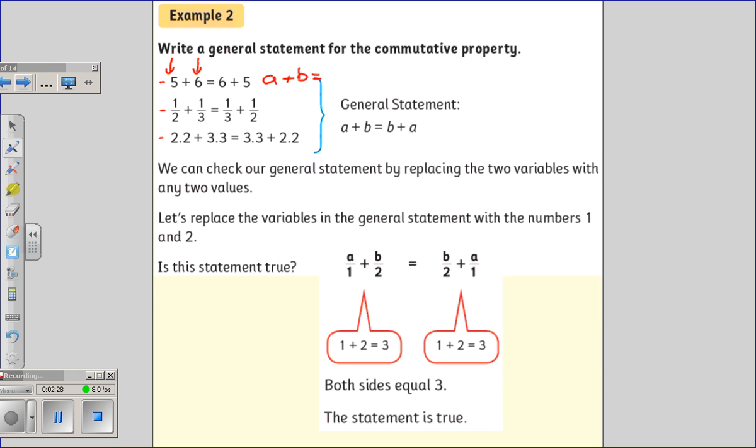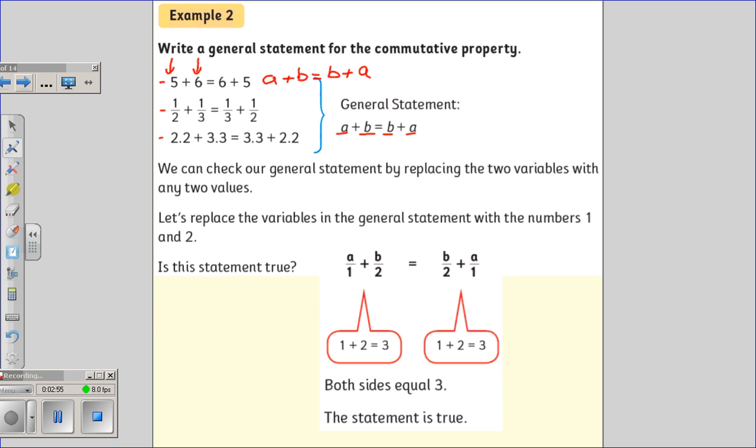We also know from the previous page that 6, which equals b, when added to 5, or a, will come up with the same answer. So a general statement is something that uses variables to represent a pattern we see. Our pattern is, even when we move numbers, as long as we're adding them, they will equal each other.